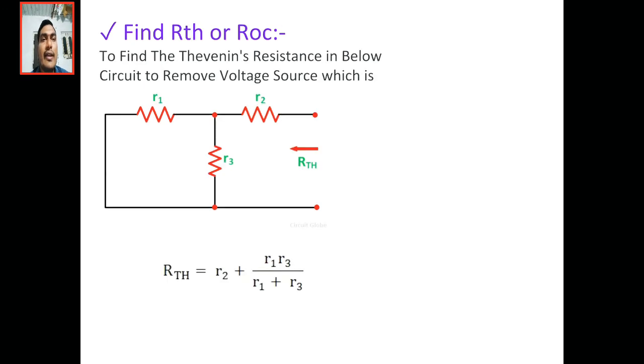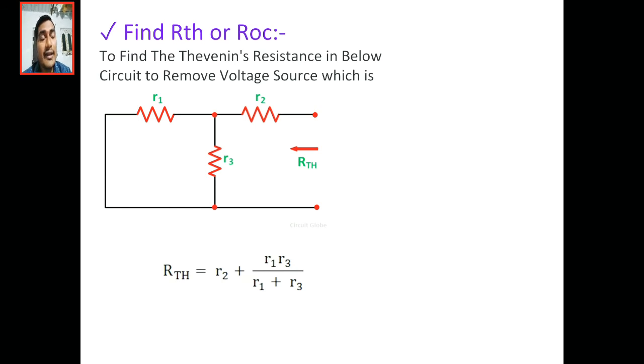To find RTH, or open circuit resistance, or Thevenin's resistance, we have to short circuit the voltage source. If there is a current source, we have to open the current source. These two points you must remember, and many competitive exams also ask about these points. Whenever we are finding Thevenin's voltage, we have to remove the load resistance.